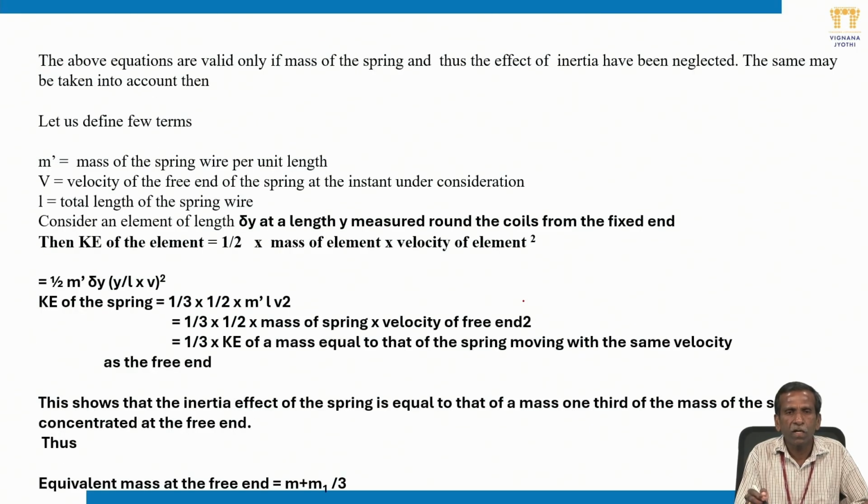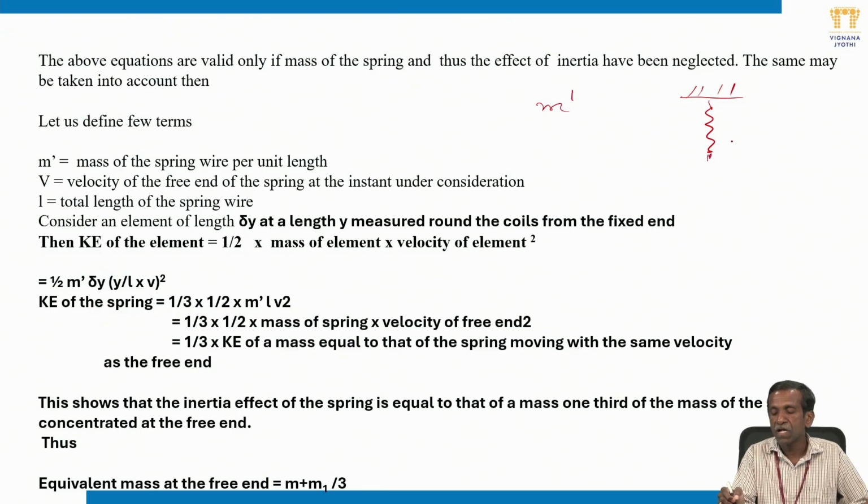Now let us take the effect of the mass of the spring. Let m dash be the mass of the spring wire per unit length. I am not attaching any mass, but we will consider the mass of the spring per unit length as m dash.